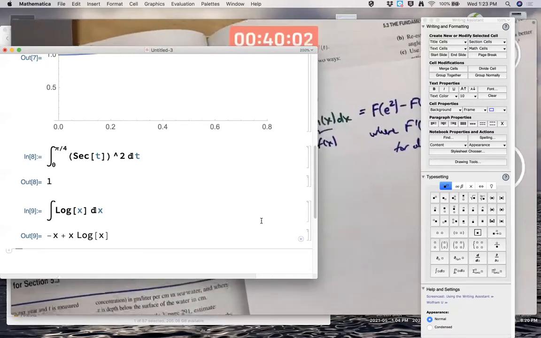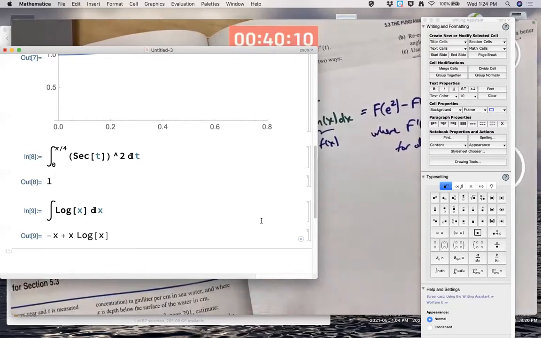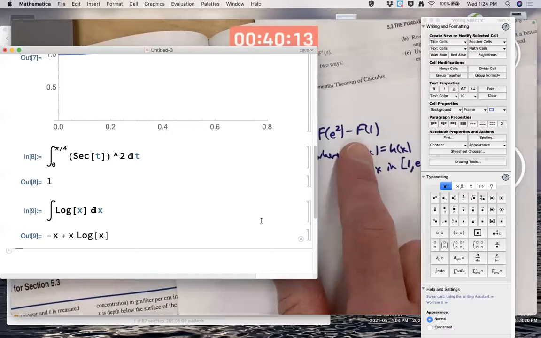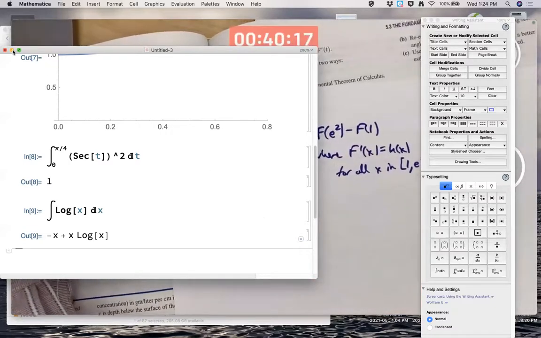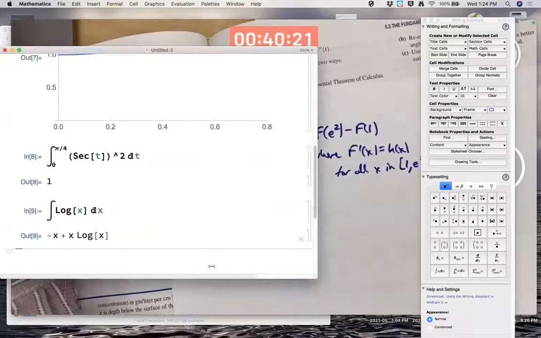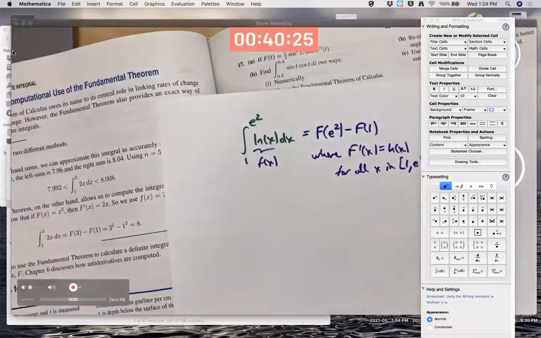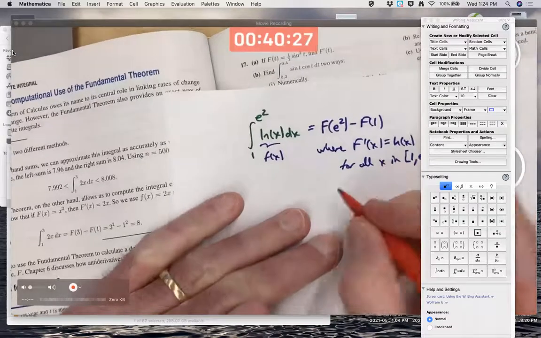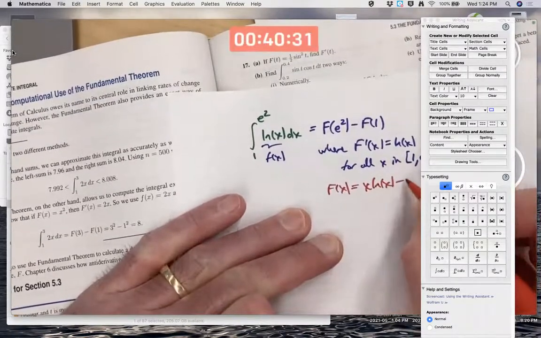However, when we do these integrals, we don't need to worry about the plus c because it would cancel anyway when we do the subtraction. So when you do definite integrals, you can always just assume c is 0. And again, the answer here is x natural log of x minus x. Capital F of x is x natural log of x minus x.